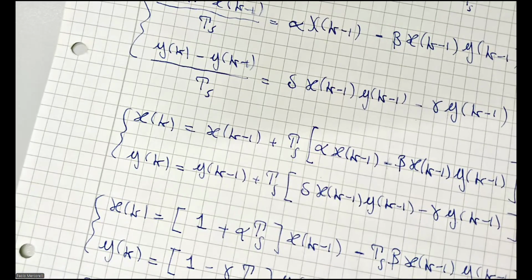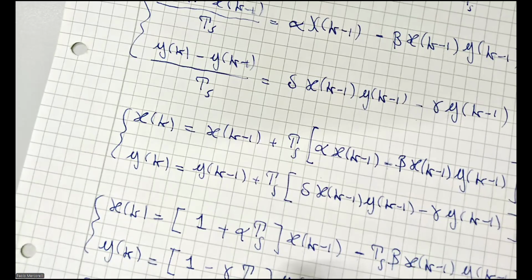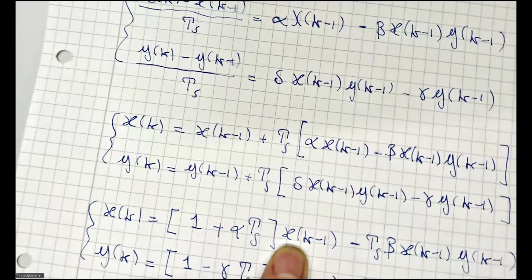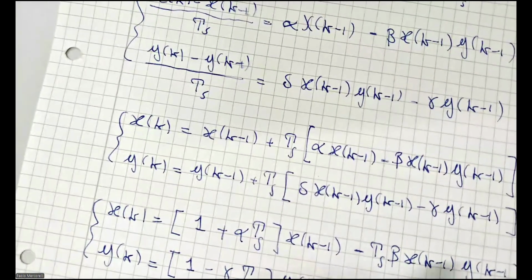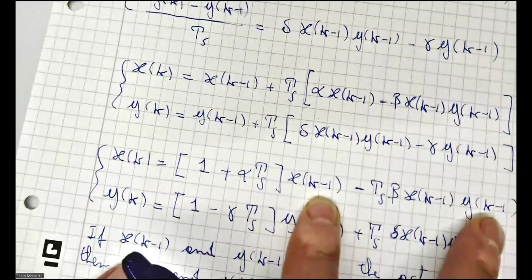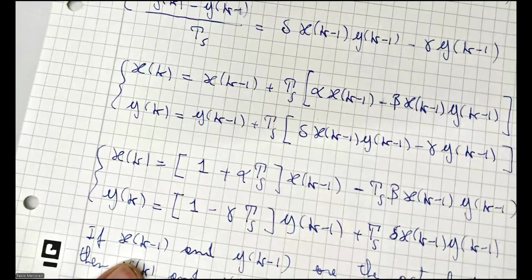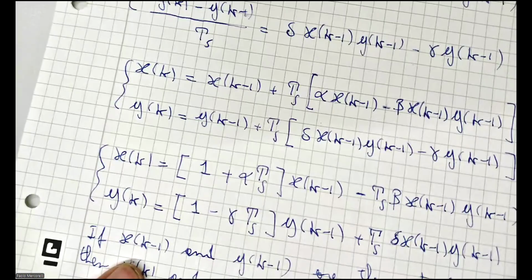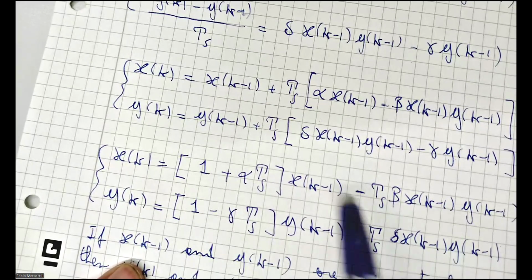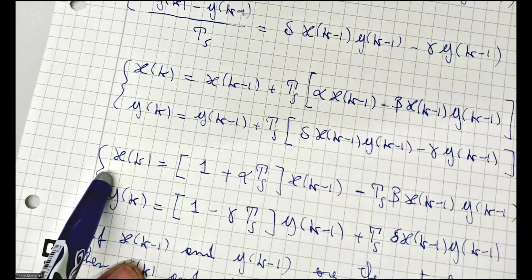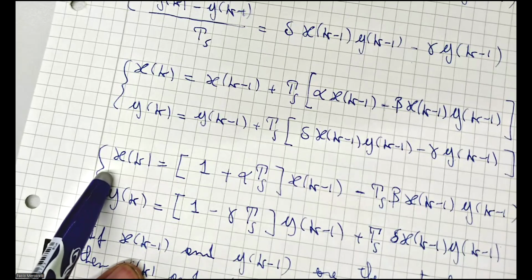Now, how can I estimate alpha, beta, gamma, delta, which really characterize the system? Assuming that I can measure x and y, in particular x k minus 1 and y k minus 1, the actual values of my state variables, in our case the number of prey and predators. Yes, each day I can use this information on the right to predict what will be tomorrow in terms of number of prey and number of predators.